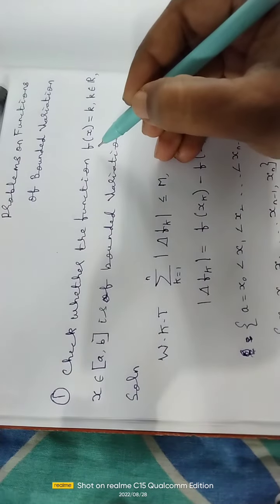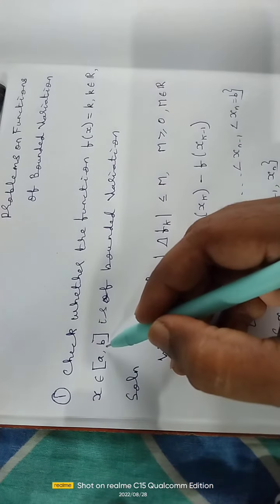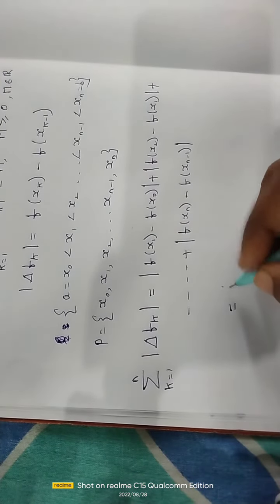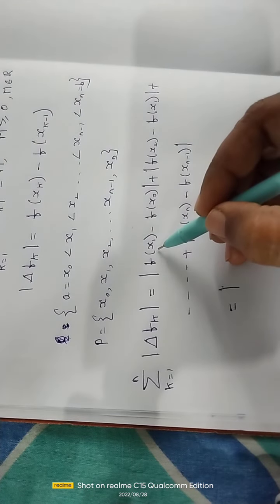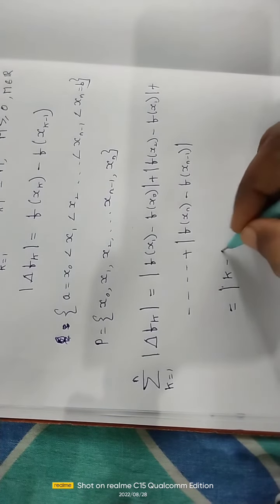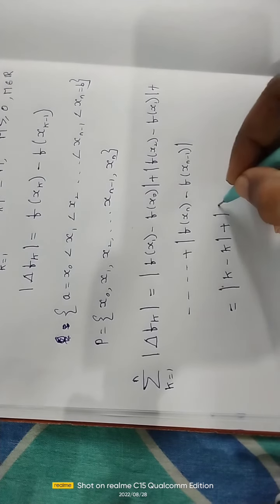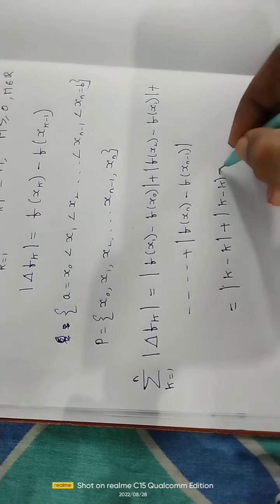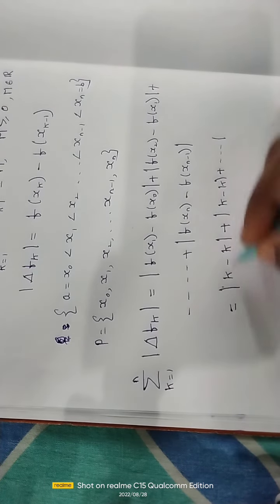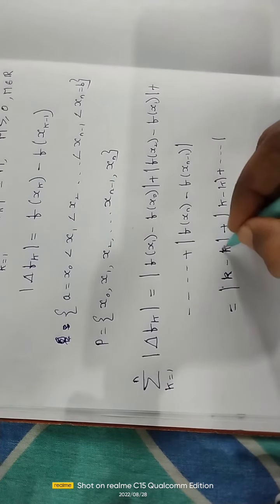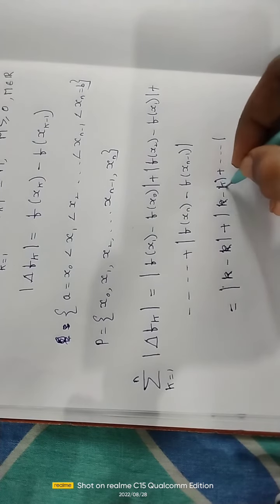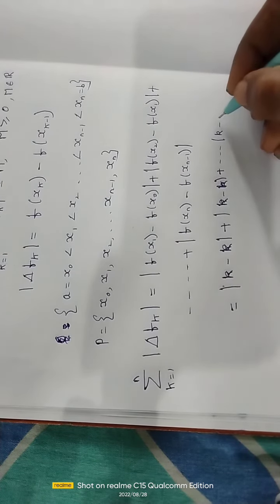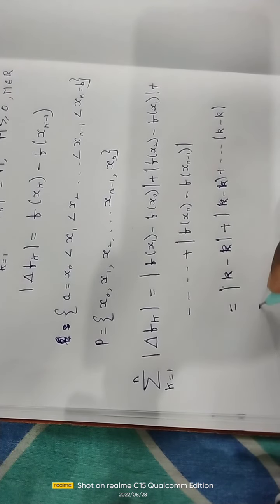Now if we look at the function, what is given is f of x equal to k for all x belongs to closed interval a comma b. So what we will get here is modulus of k minus k plus modulus of k minus k plus so on up to modulus of k minus k, which is equal to 0.